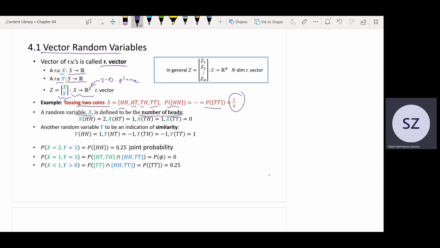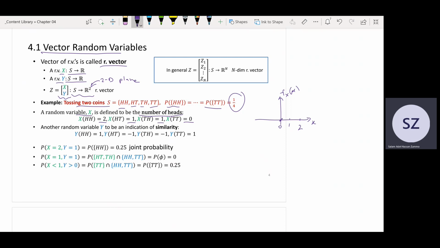So x can take the value 2 when you have two heads. It can take the value 1 when it is head-tail or tail-head, and it can take the value 0. And you know the distribution of x. What was the distribution of x? F_x of x: you have 0, 1, and 2.